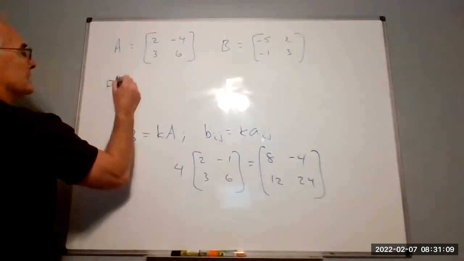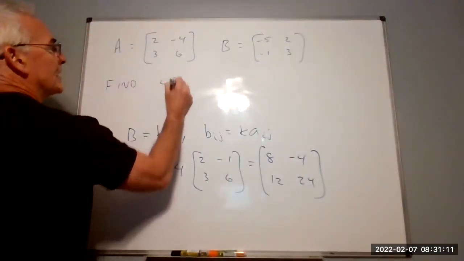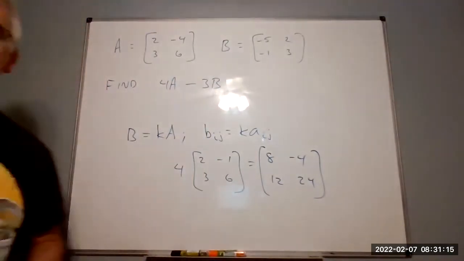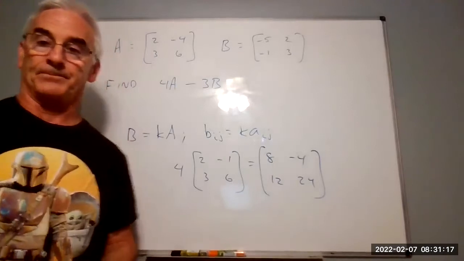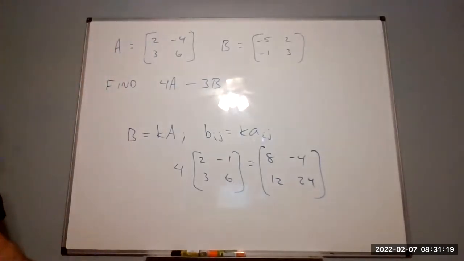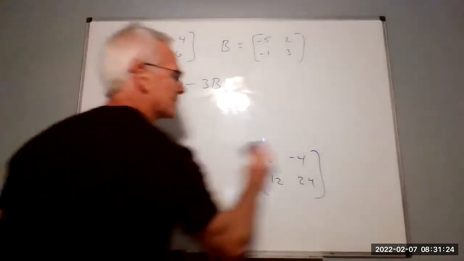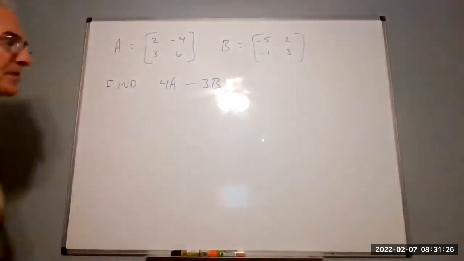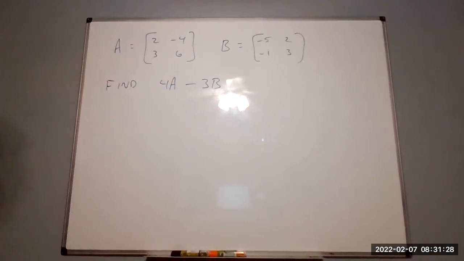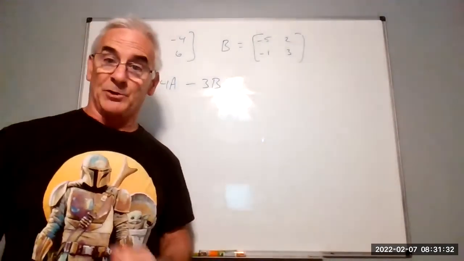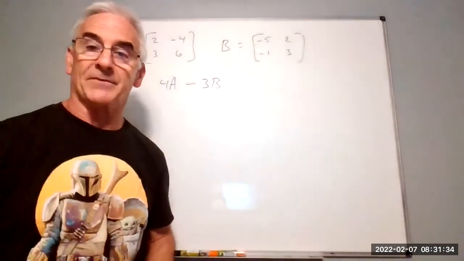Let's find 4 times A minus 3 times B. This is what is called a linear combination. I'm taking scalar multiples of my matrices and then combining those results. That's supposed to be a simple process, but sometimes we make it harder than we have to. Because we've defined matrix addition clearly, and now scalar multiplication, it shouldn't take a lot of algebra.